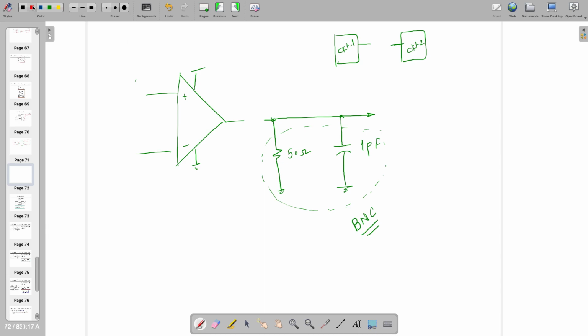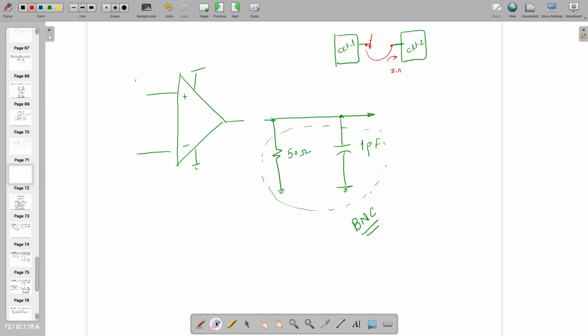When I see the output here, which is unloaded, there is nothing connected. When this is connected, the output is different, because there is one more resistance which is going to play a role. Your output will decrease because it shared the current.